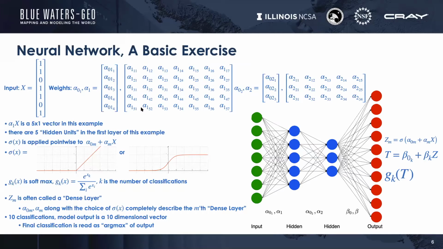Okay, so the first operation in a neural network is simply multiplying your input vector by this weight matrix. And from linear algebra, whenever you take this 7-dimensional vector and multiply it by this 5 by 7 matrix, it winds up outputting a 5-dimensional vector.